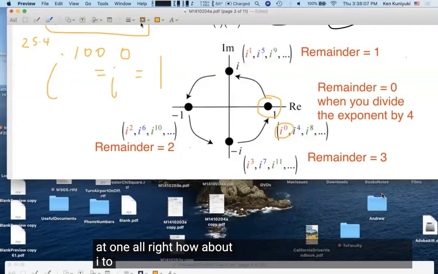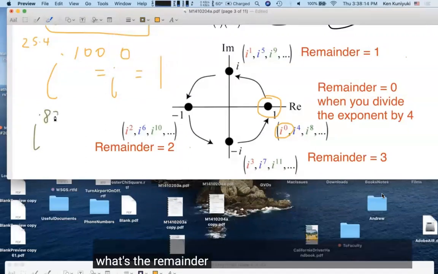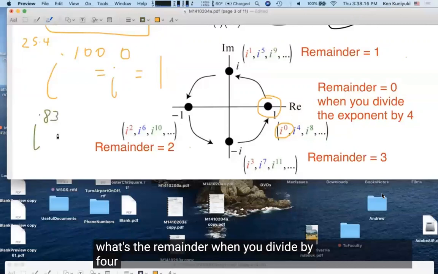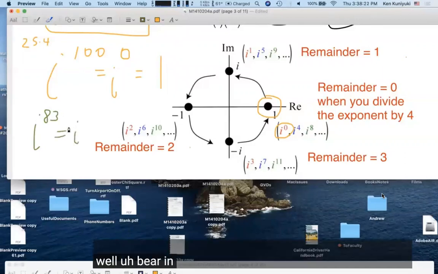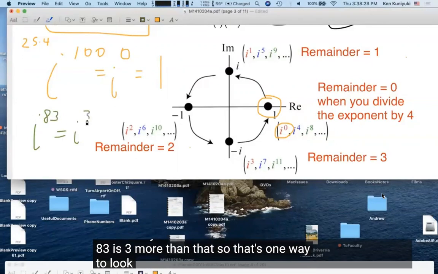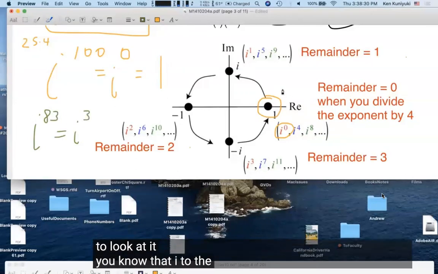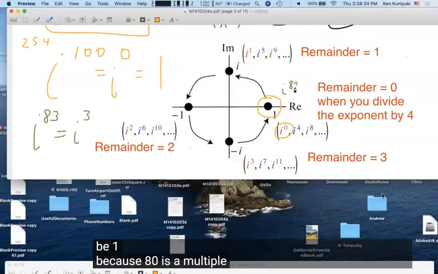Right. How about i to the 83rd? What's the remainder when you divide by 4? Well, bear in mind that 80 is divisible by 4. 83 is 3 more than that. So that's one way to look at it. You know that i to the 80th is going to be 1 because 80 is a multiple of 4.